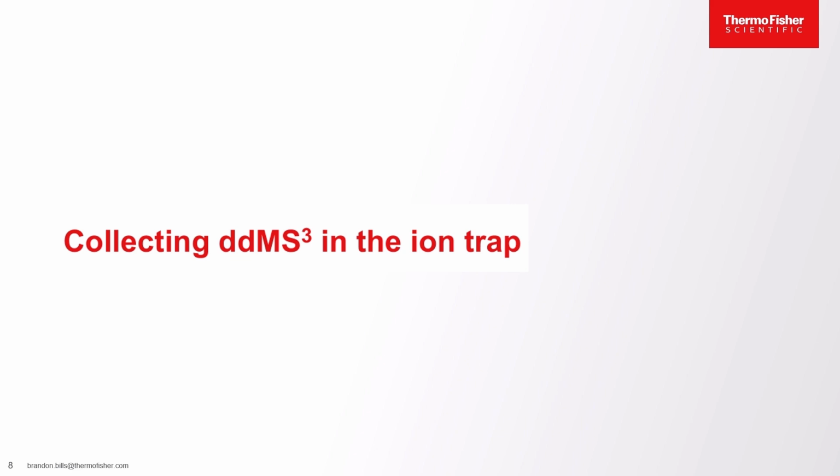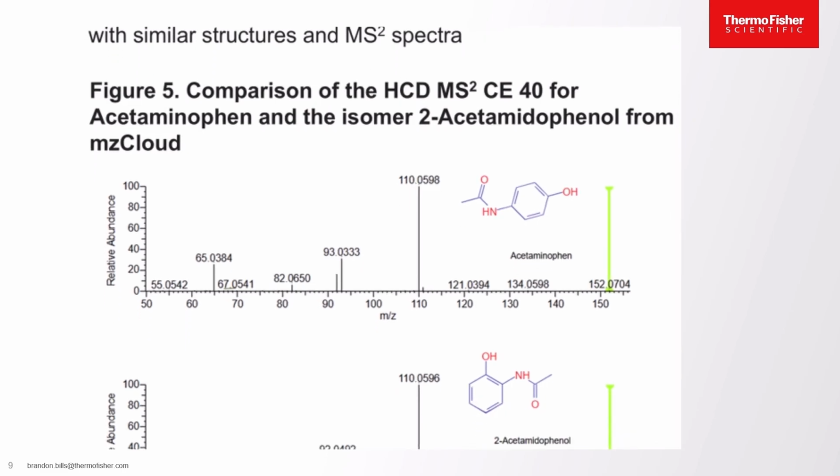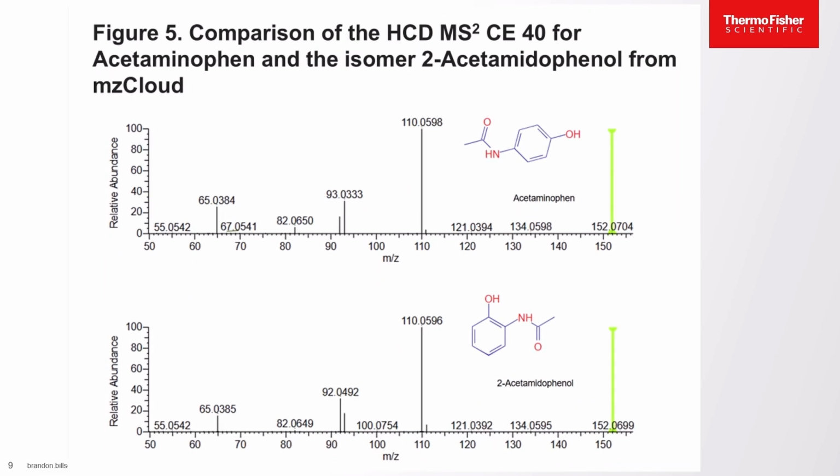Shifting gears, let's talk about what MS3 data, which can be collected in parallel in the ion trap, can do for confident annotations. As an example, I pulled down these spectra for acetaminophen and 2-acetaminophenol from mzCloud.